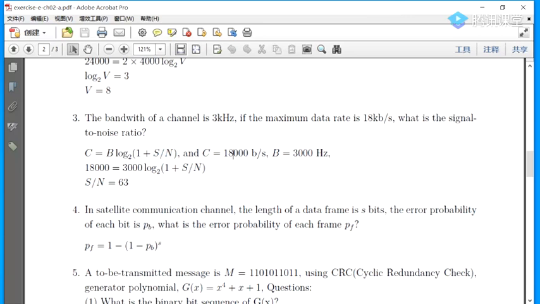C is 18,000 bps and B, the bandwidth, is 3,000 Hz.